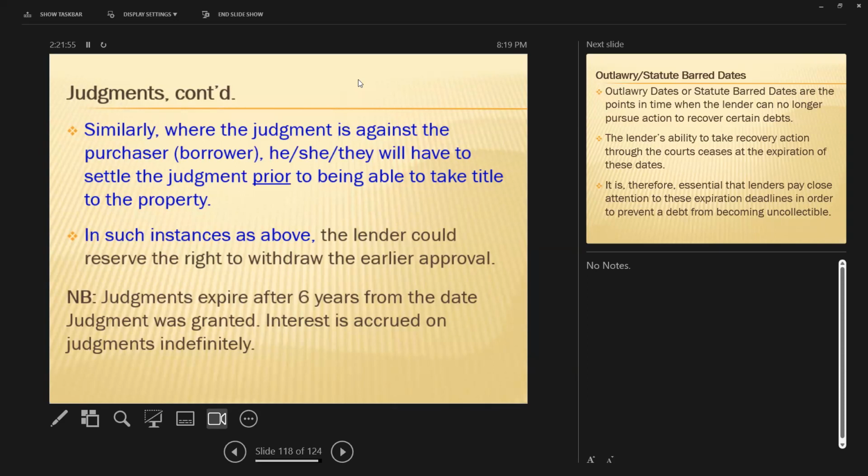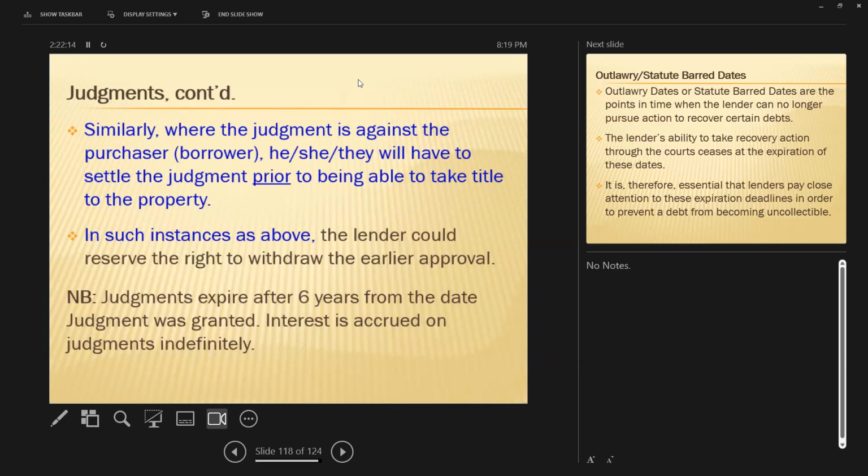And even if they satisfy it, we can withdraw early approval because they did not disclose it, because a judgment is a debt.